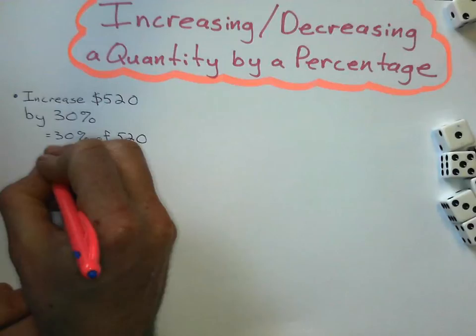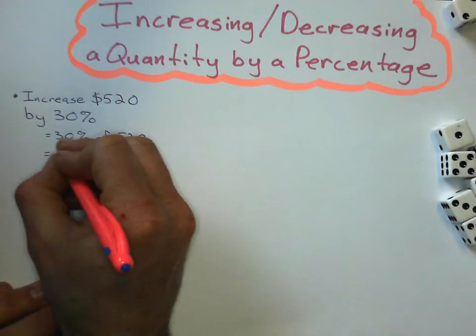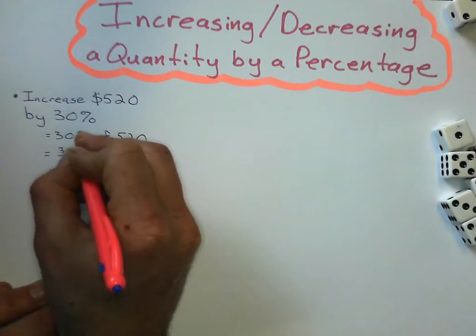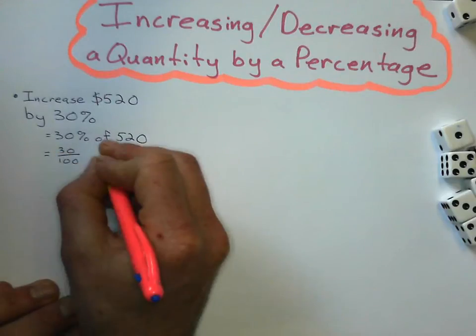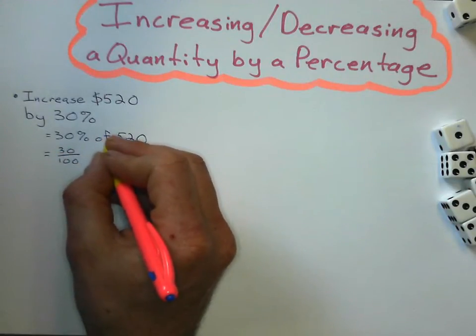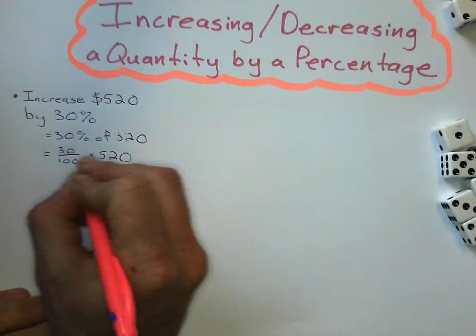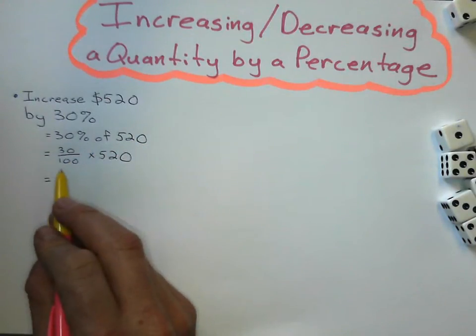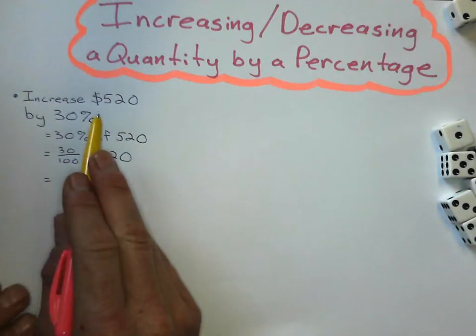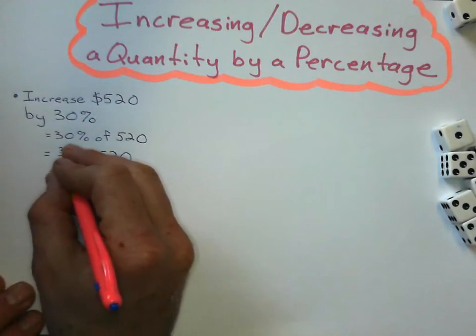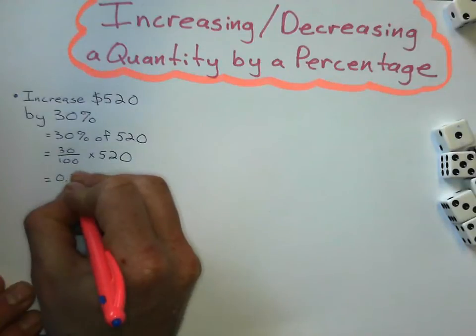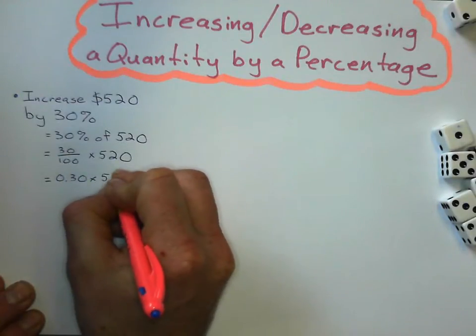So I can go, 30% of 520 means percent means out of 100, and in this case "of" means times. And whatever value I get for this, I'll tack it on to 520. As a decimal, 30% is 0.30 times 520.